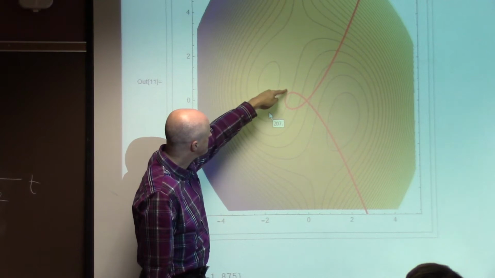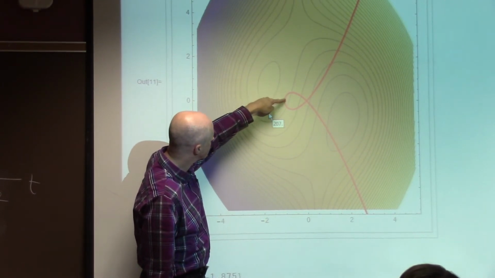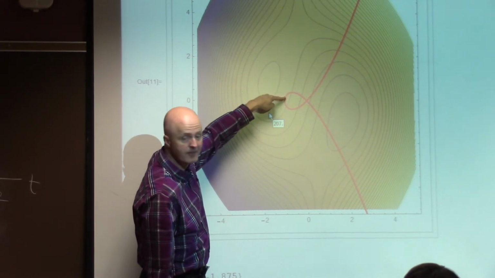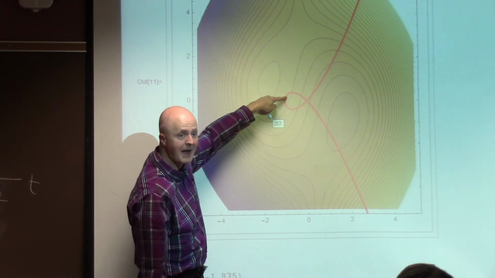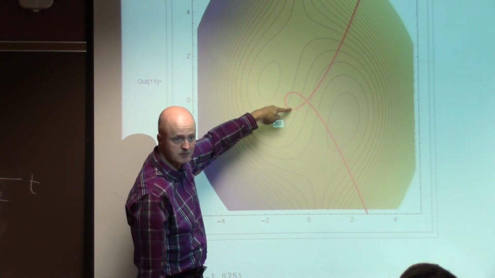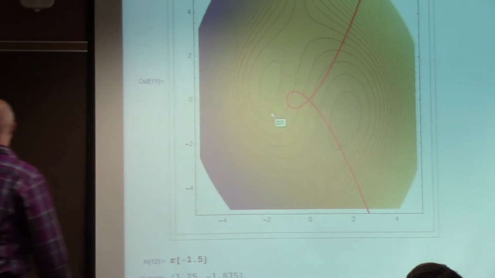In reality, there would be some level curve that's not actually sketched that would go through this red curve tangent right around there. And that is where you have a local max for the temperature as the bug moves. That makes sense? Because the path is tangent to the level curve at that point.